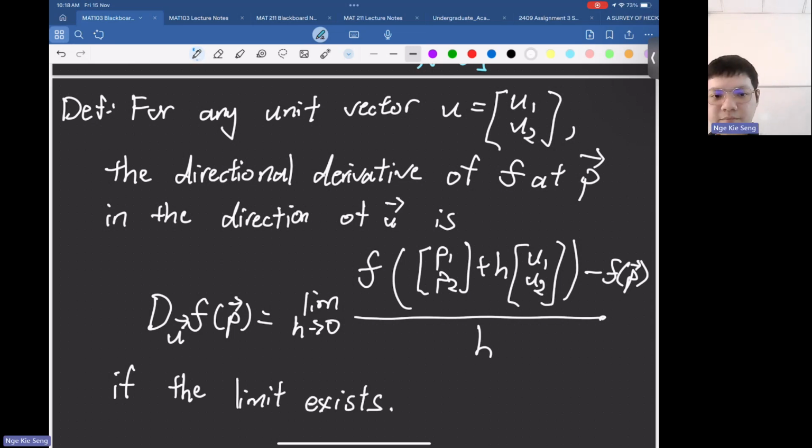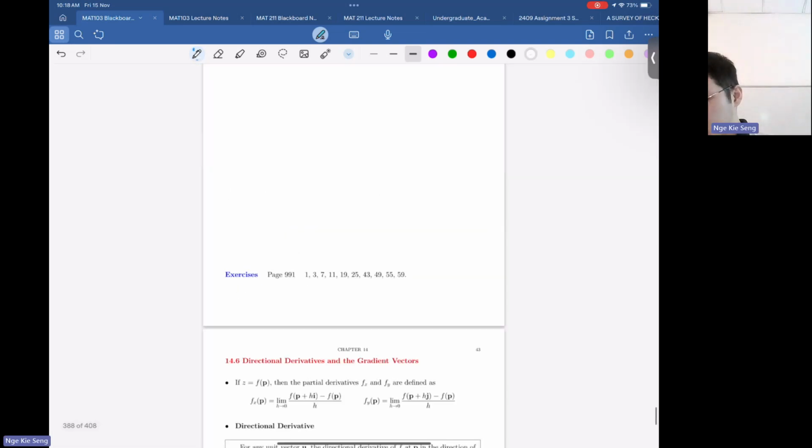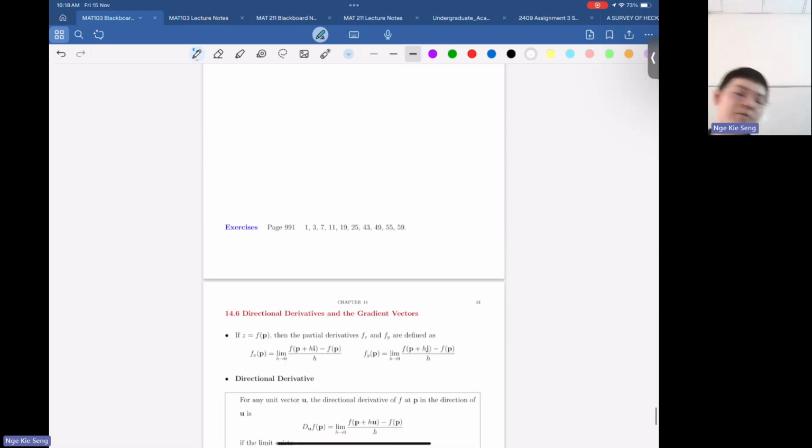Okay, good. So geometrically, what is this? Last time when we talked about fx, fy, we said that it is the tangent line. For fx, where does the tangent line live? You take the zx plane and intersect your surface, and then you look at the changes along that line.